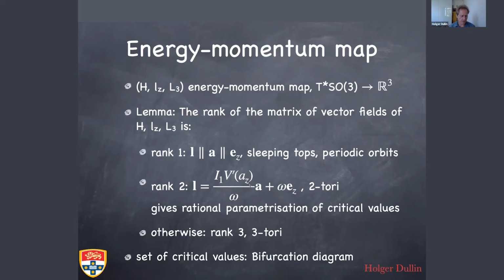And I mean, this requires some computation, which I don't want to do now. And with this formula, which expresses L as a linear combination of A and Ez, we get a rational parametrization of the set of critical values of this mapping. And otherwise, we get rank 3, so the motion is on 3-tori.